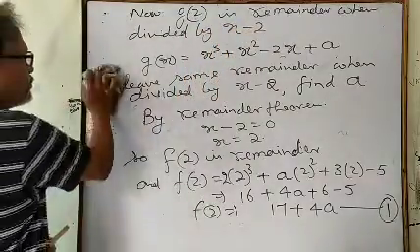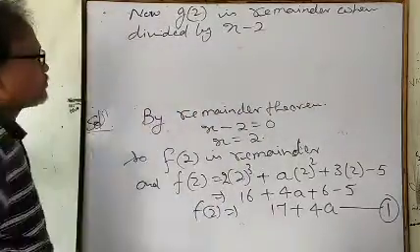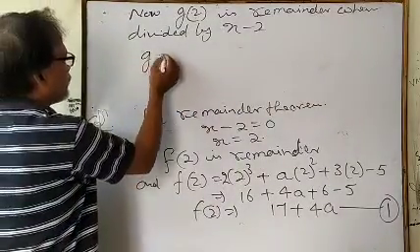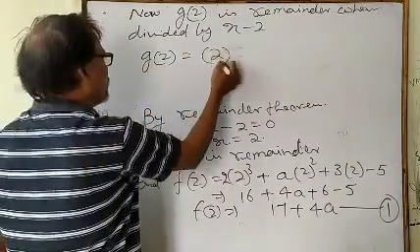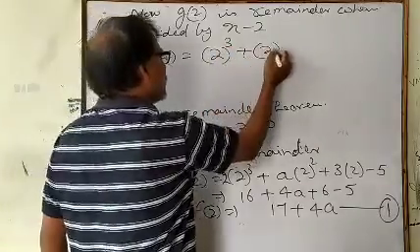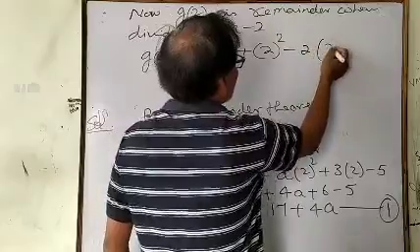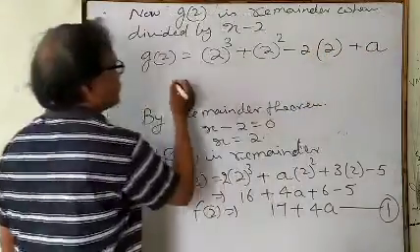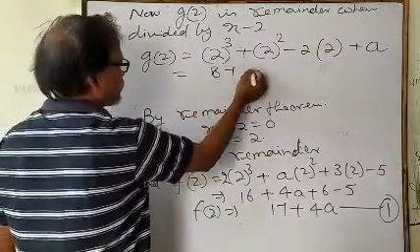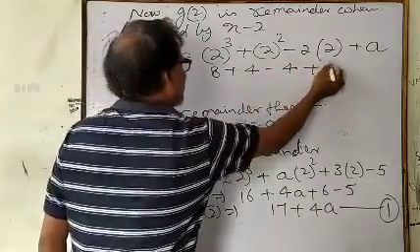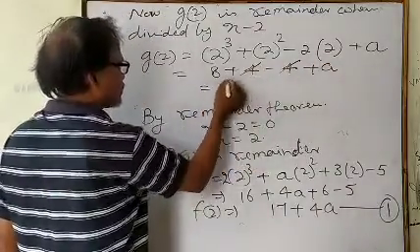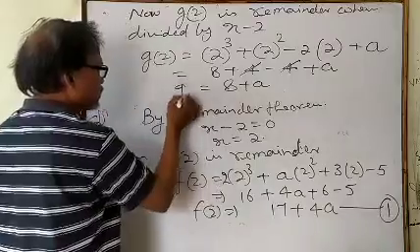So put the value: g of 2 is equal to 2 cube plus 2 square minus 2 into 2 plus a. So this will be 8 plus 4 minus 4 plus a, which is equal to 8 plus a. This is g of 2.